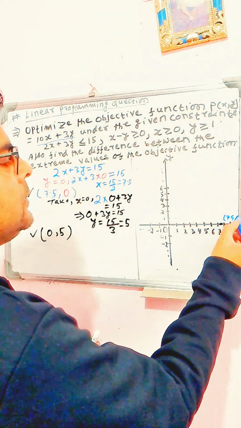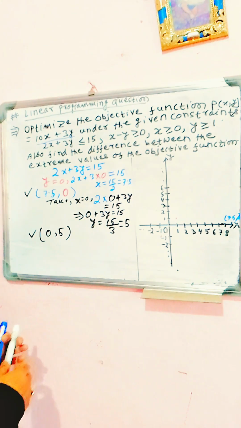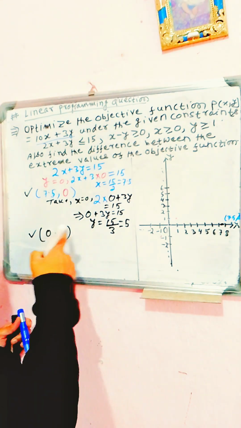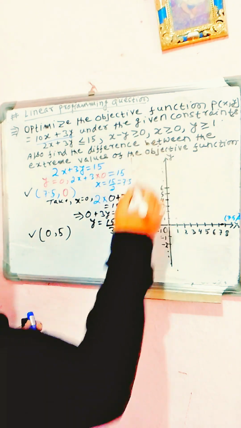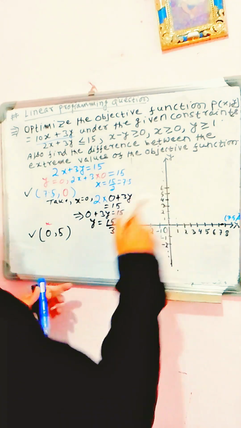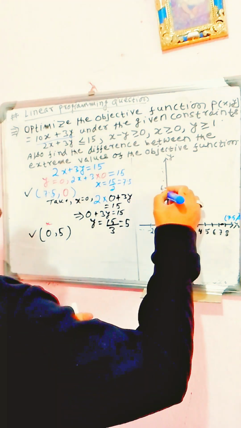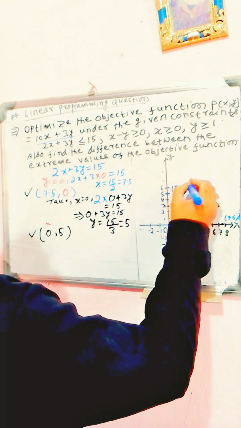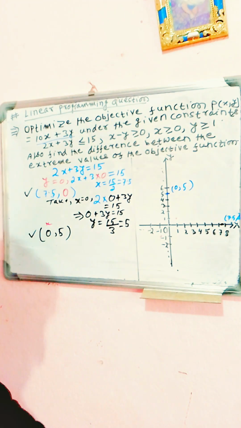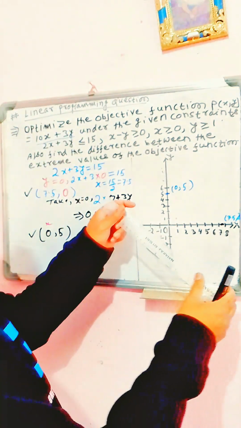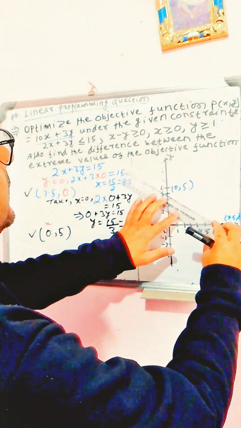Now this other point you can plot over here: x equal to 0 means we are on the y-axis, and y is 5. So another point is (0, 5), and after that let's take a scale and join these two points.